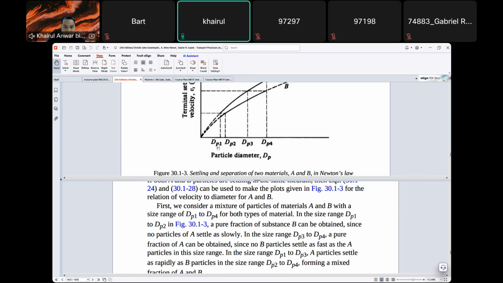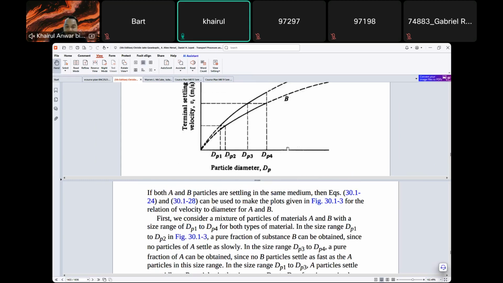Hopefully you understand. So for DP1 to DP2, only a pure fraction of substance B can be obtained, because particles of A do not settle as slowly. See here, the terminal velocity.